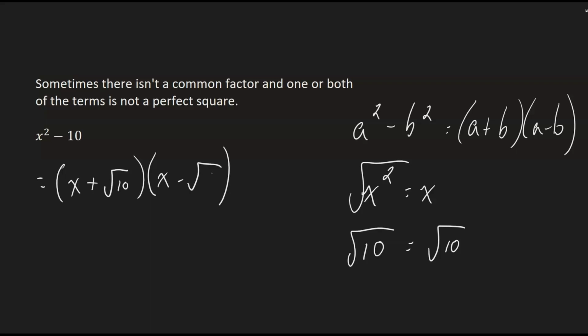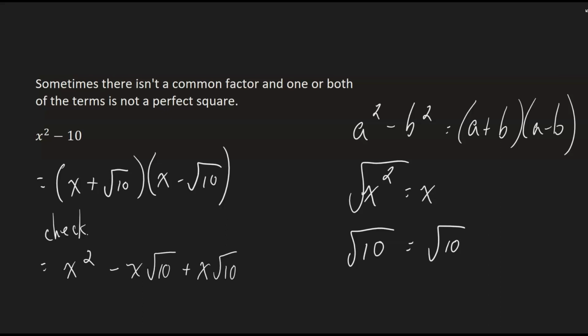And that actually works because we can try a check. Let's multiply it back together using FOIL. X times x is x squared. X times negative root 10 is negative x root 10. And root 10 times x is plus x root 10.